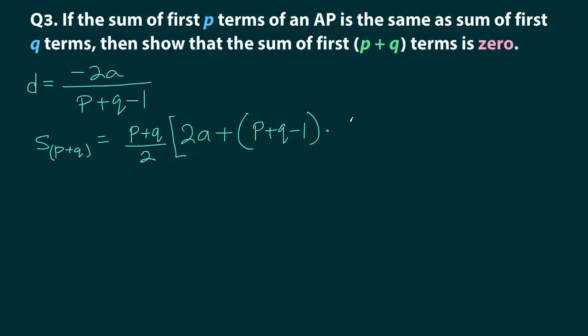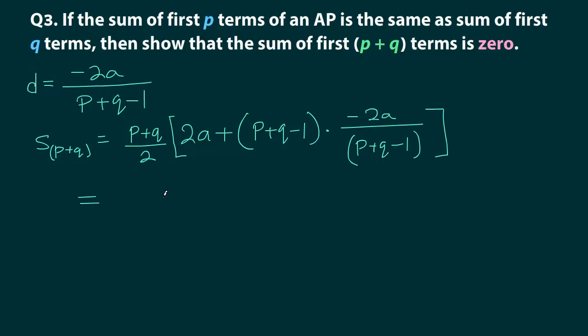Now instead of d, we put the value that we spent so much time calculating: minus 2a divided by p plus q minus 1. So this should be the sum of first p plus q terms.